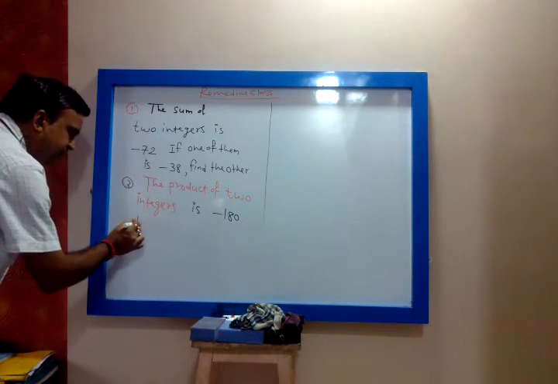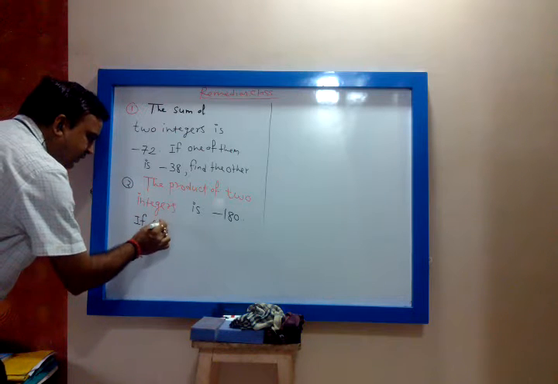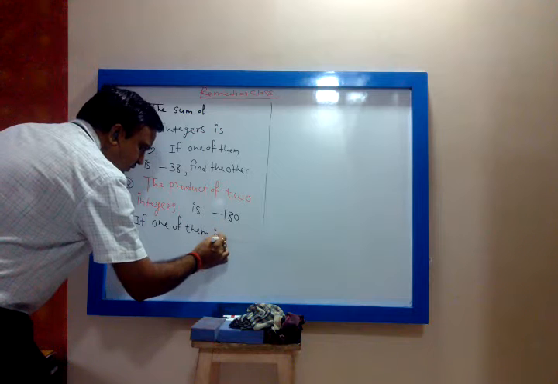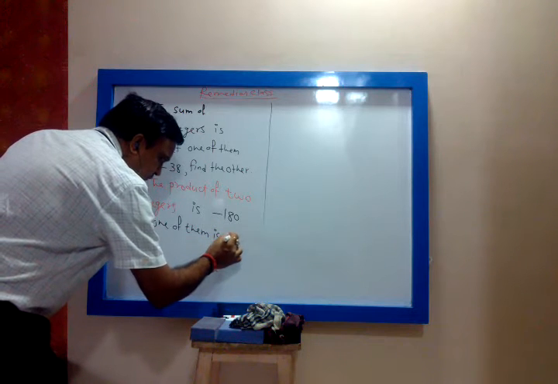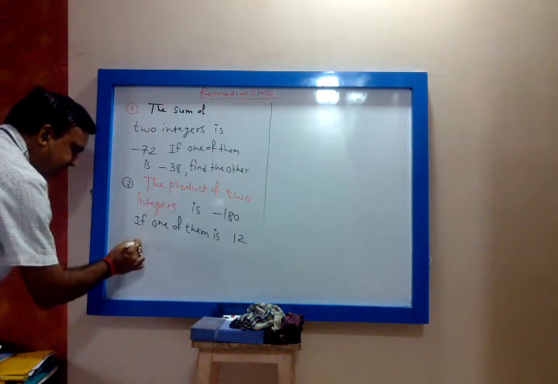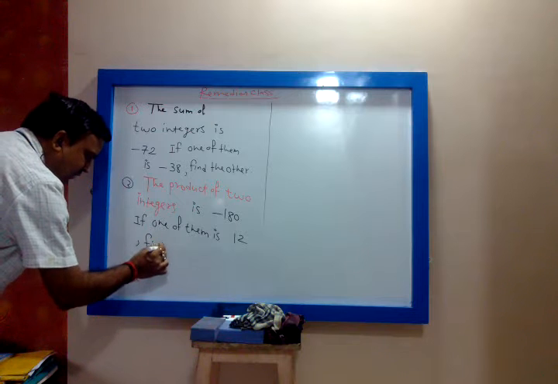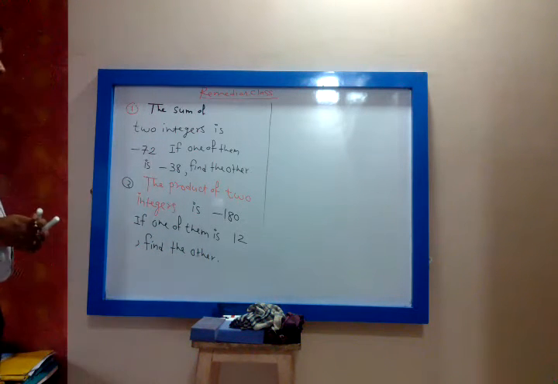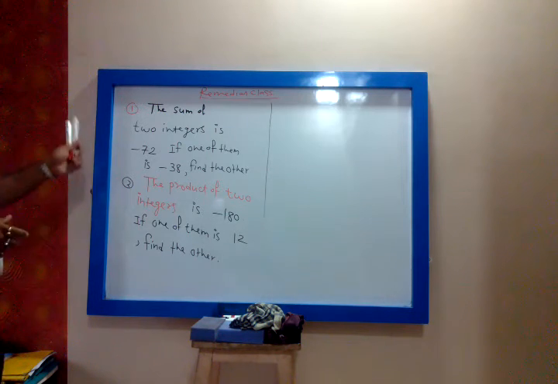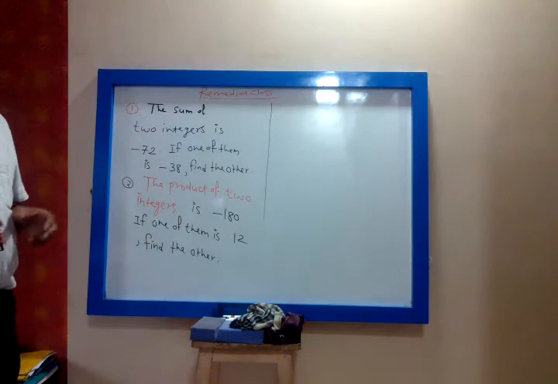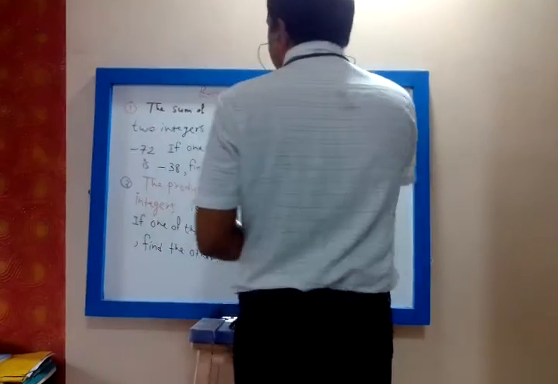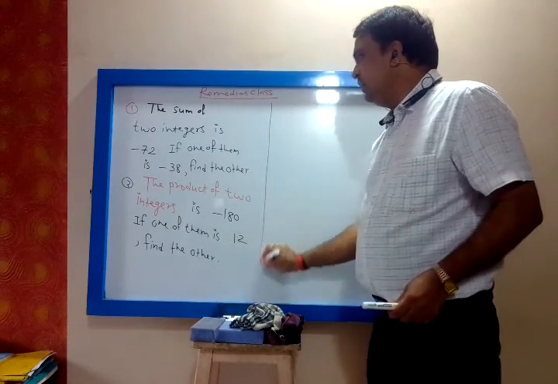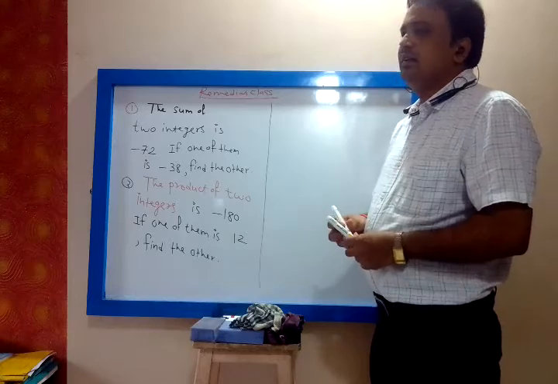If one of them is 12, find the other. This type of problem: the sum of two integers is minus 72. If one of them is minus 38, find the other.